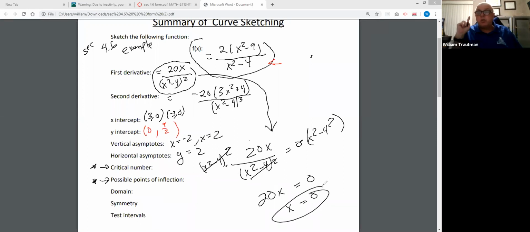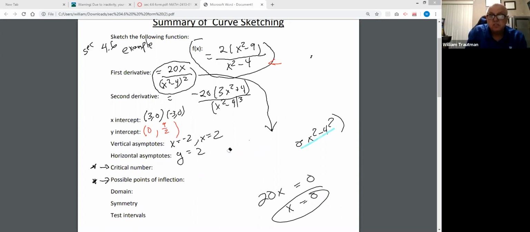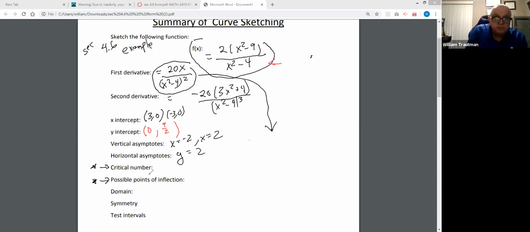That's a critical number. That's where we have a relative minimum or a relative maximum, a valley or a peak. Okay, so we did find one critical number. One number will make the first derivative equal to 0, and that one number is x equals 0.